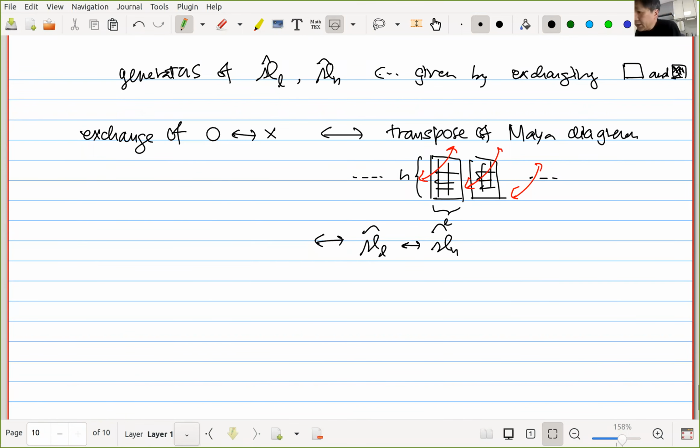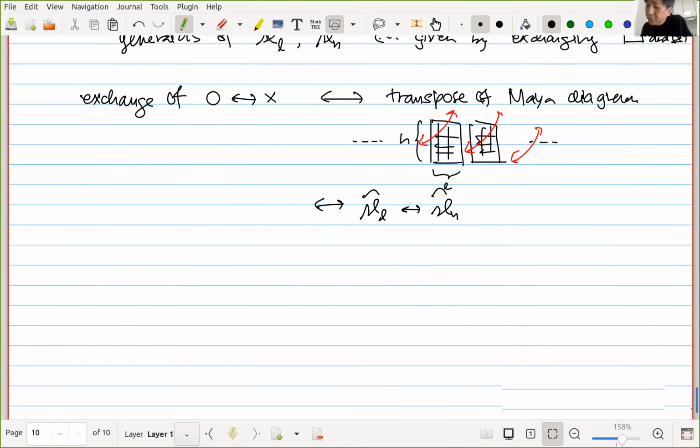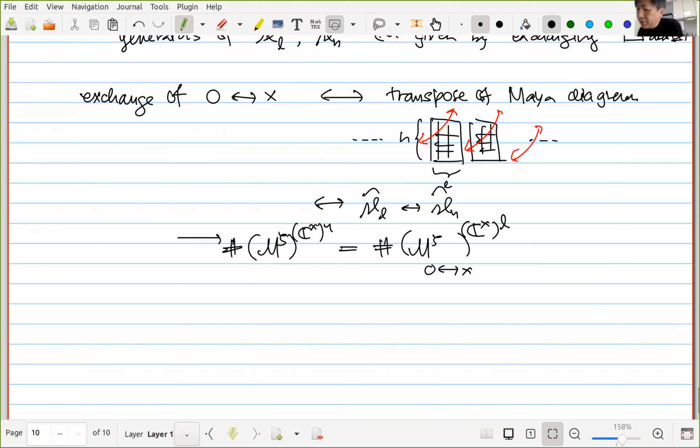And so as a geometric application, as a consequence, the number of fixed points of M_zeta for C^* to the n is equal to the number of fixed points of M_zeta with circles and crosses exchanged and torus fixed points. The dimension of the torus is different: one is n and one is l dimensional.